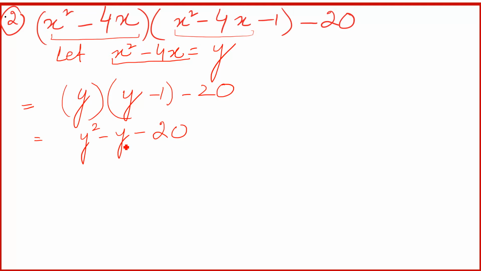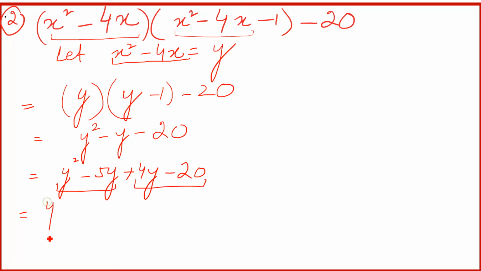Now our question is easy. So we will make the factorization: y square minus 5y plus 4y and minus 20. Y we will take common. Same kind of factorization, right? When we add or subtract these two terms, it should be equal to minus y.